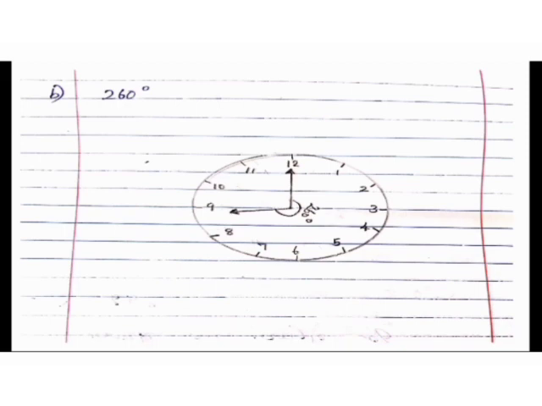And then next sum, 260 degree. Start with 12. Mark now 30 degree plus 30 degree, 60 degree. 60 degree plus 30 degree, 90 degree. 90 degree plus 30 degree, 120 degree. 120 degree plus 30 degree, 150 degree. 150 plus 30 is 180 degree. 180 plus 30 is 210 degree. 210 plus 30 is 240.